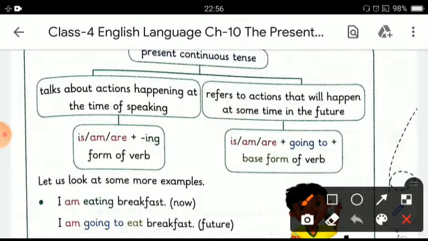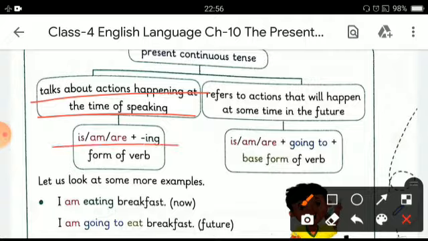Now let's read about the present continuous tense. Present continuous tense talks about action happening at the time of speaking, as we have read in the examples just now.